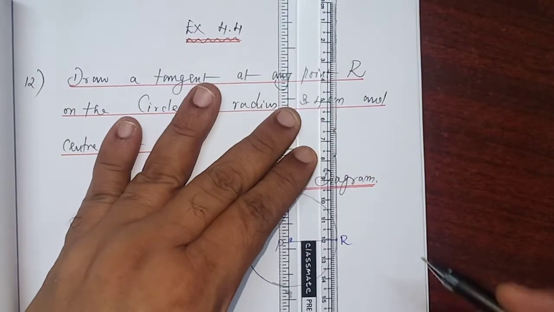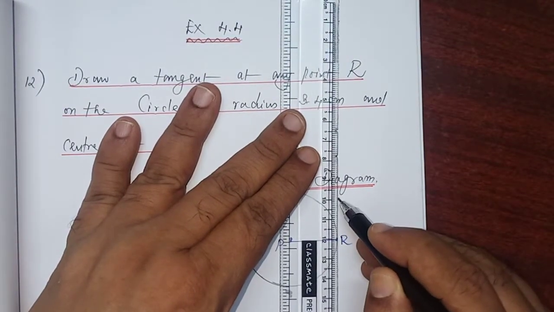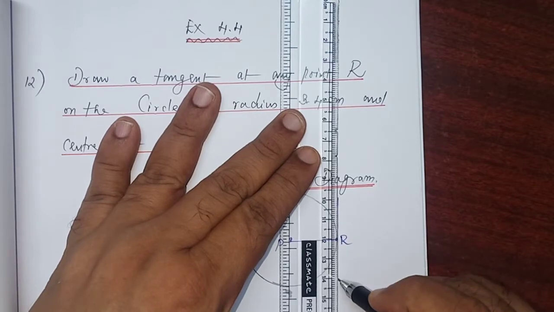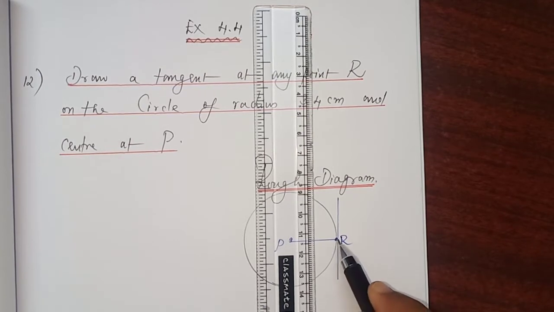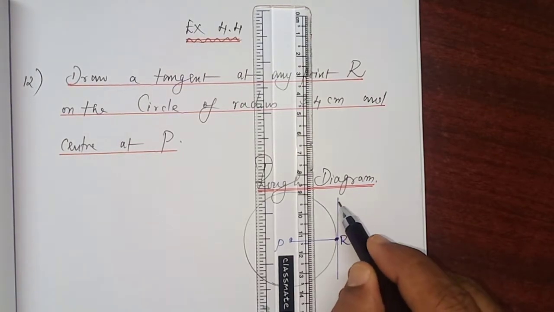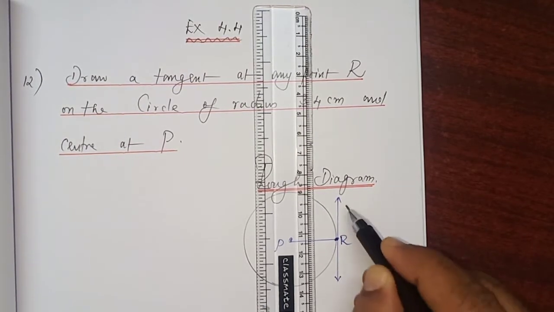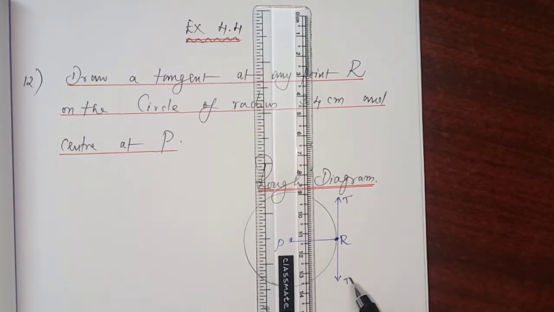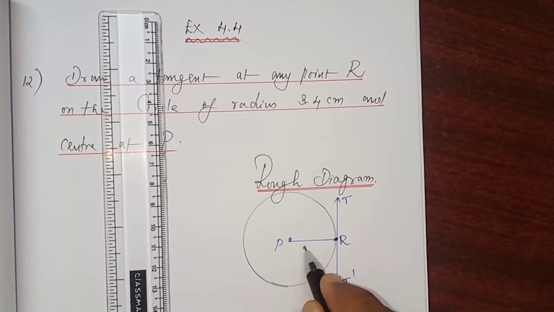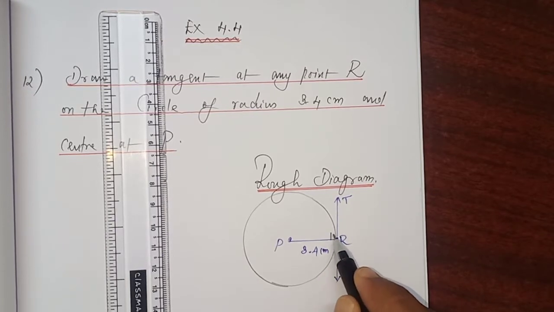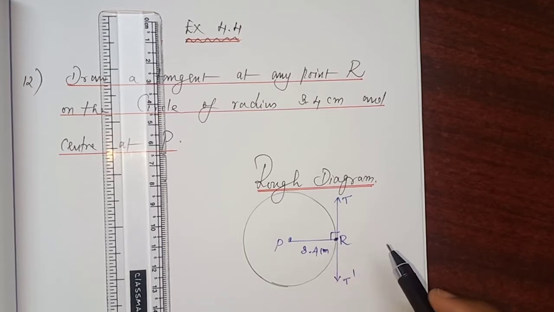Then we have to construct a tangent to the circle. You know the tangent, it is a straight line, touches a circle at one point. Let it be T dash. T dash is the required tangent for a circle of radius 3.4 centimeter.